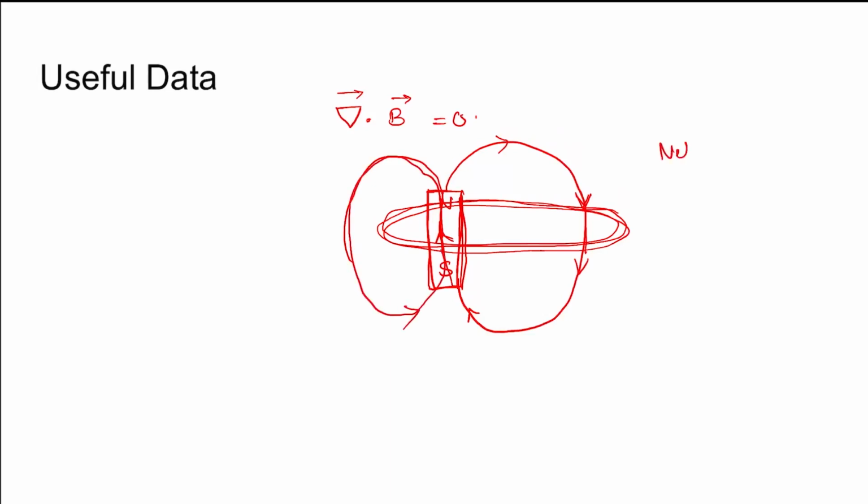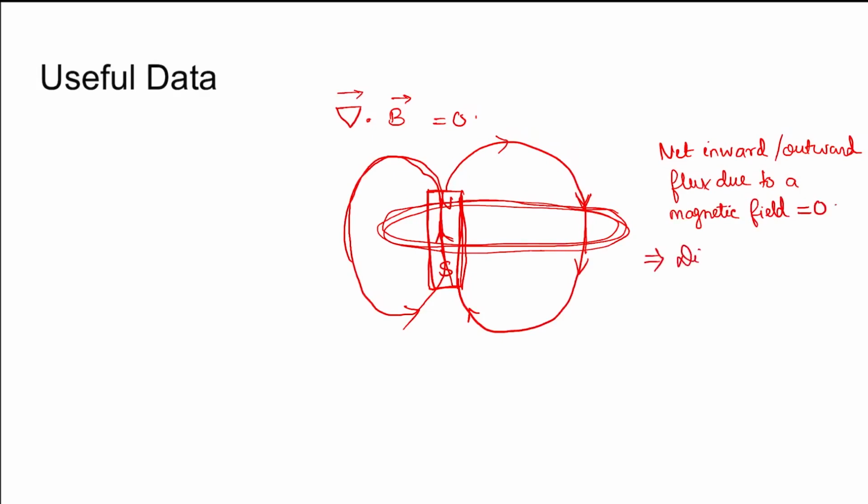So net inward or outward flux due to a magnetic field equal to 0 implies divergence, that is the tendency of the field to diverge in or out from a closed surface is 0.